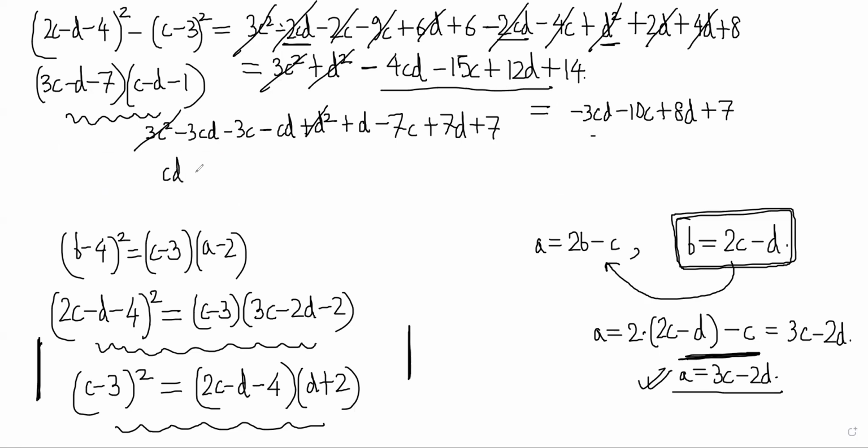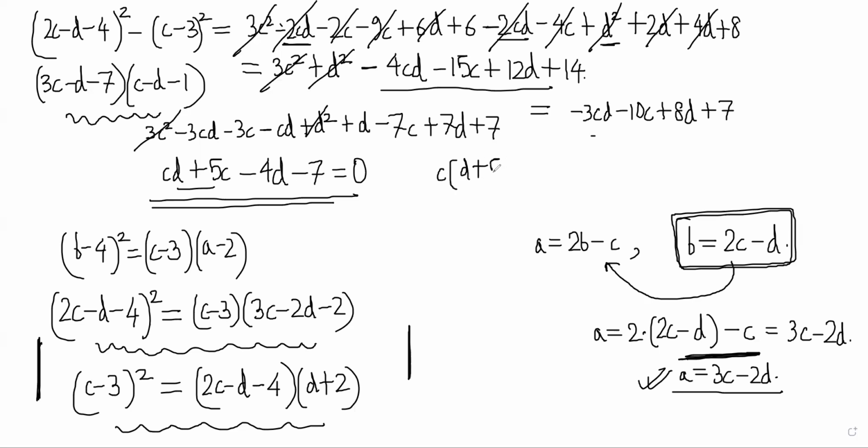I will get CD plus 15C, so plus 5C minus 12D, so minus 4D and minus 7 is equal to 0. This is finally what I'm getting. And I can easily solve this. I can take C common. This is (D plus 5) is equal to 4D plus 7.